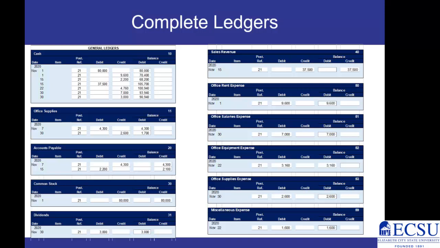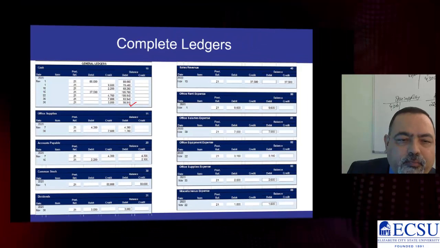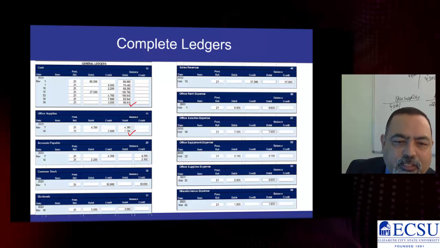So these are the complete journal entries that we have done so far, and these are the complete ledgers. So what we can do is we can look at the amount figures there for each of the ledger accounts and see what were the balances that you have calculated. So if you look at the balances, the final balance for cash is 90,940, office supplies is 1,700, and accounts payable is a liability.